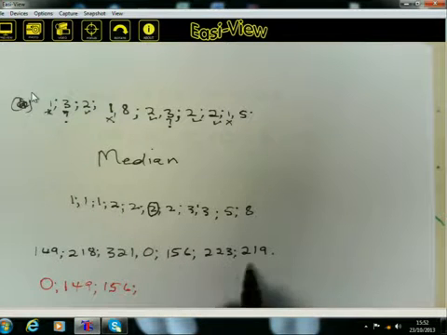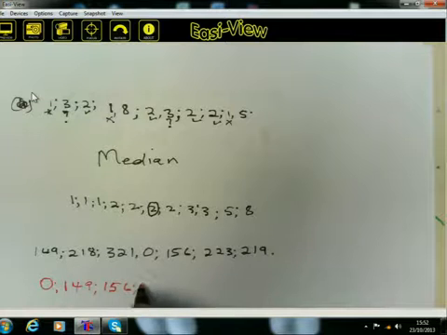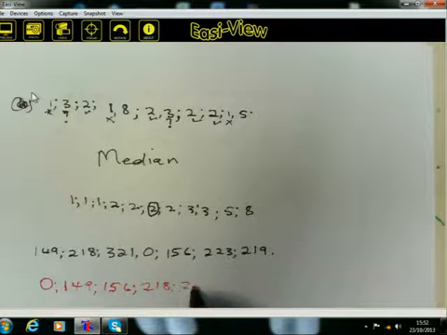After 156, which one comes? That's 218. And then after 218, that's 219. After 219, that's 321.